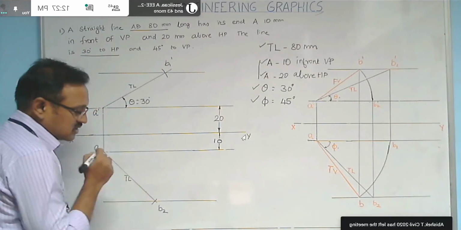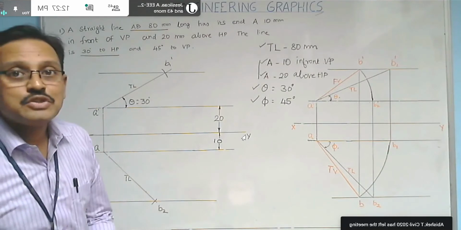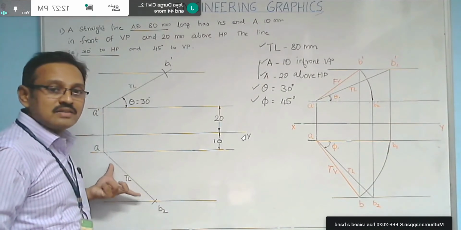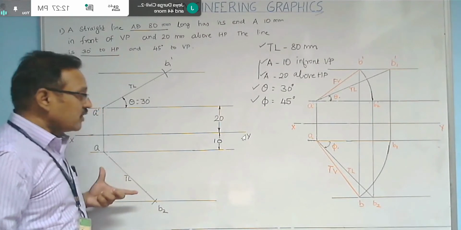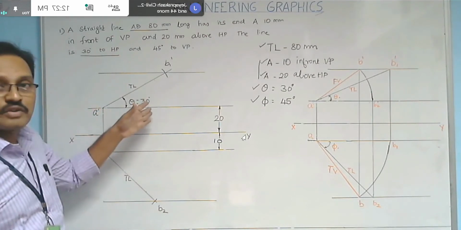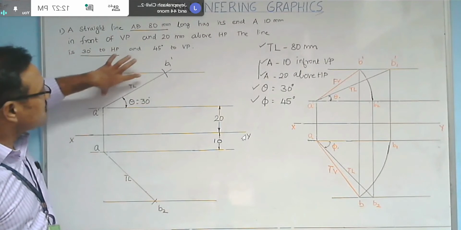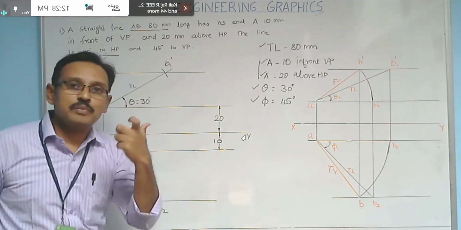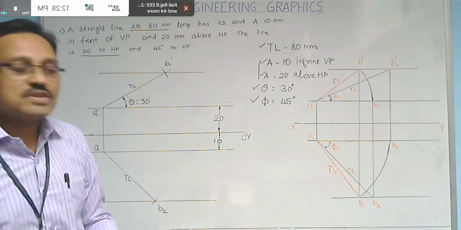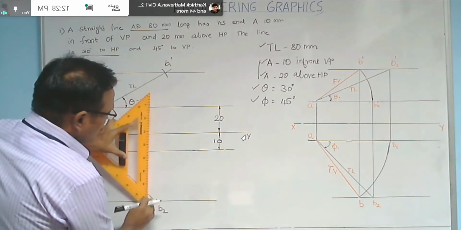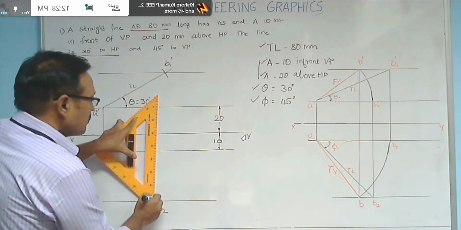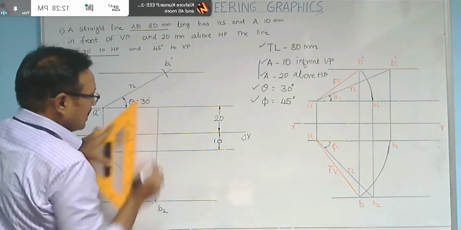Okay, right. Now what we can assume, since this top view is in true length, is that you can get the reduced front view from this. This one is true length, so you can get the reduced top view length from this. How to get it? From B2, you project a vertical line.